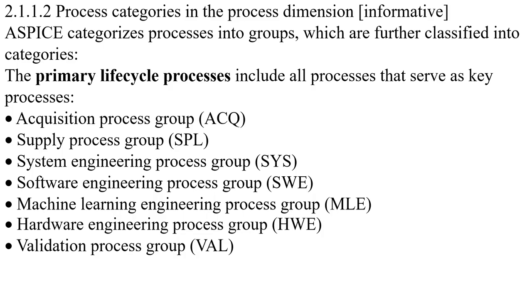The primary lifecycle processes include all processes that serve as key processes: acquisition process group, supply process group, system engineering process group, software engineering process group, machine learning engineering process group, hardware engineering process group, validation process group.